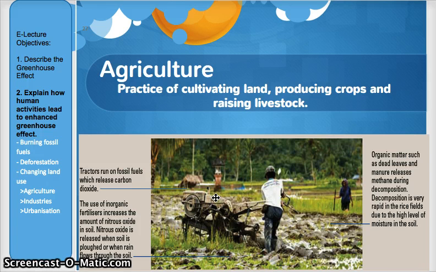In general, agriculture is a great cause of the enhanced greenhouse effect because it not only changes the natural landscape of the land, which is part of maintaining natural balance, it also causes things like deforestation. In order to get more land to farm, we deforest and cut down forests, and this in general has a great impact on our enhanced greenhouse effect.